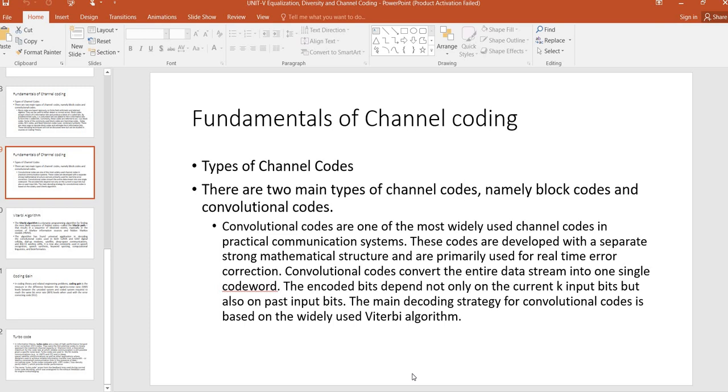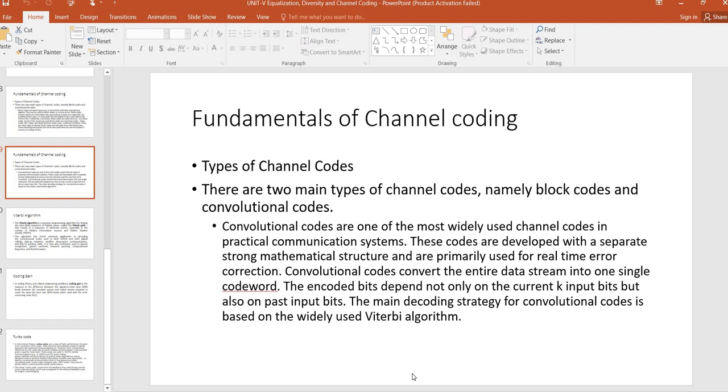That is why convolutional codes are one of the most widely used channel codes in practical communications. These codes are developed with a separate strong mathematical structure, so it has mathematical constructions and is primarily used in real-time error corrections.